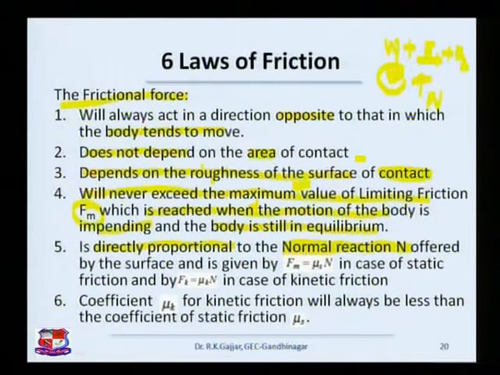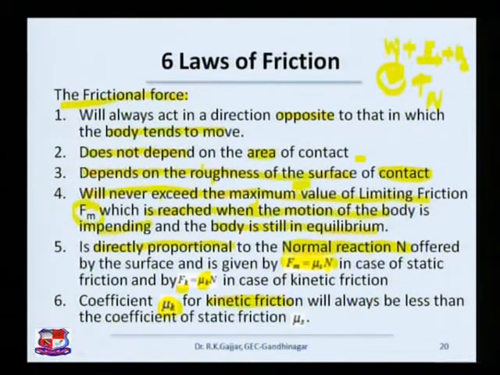For the static friction, the equation is given by the static coefficient of friction and normal force. For kinetic friction, the equation is given by the kinetic coefficient of friction in order to get the kinetic friction. Remember coefficient mu k. What is mu k?